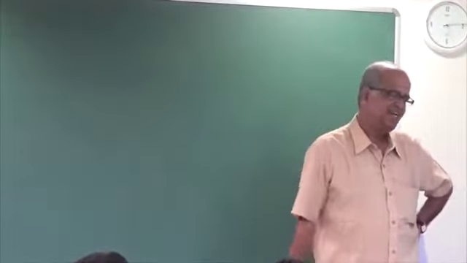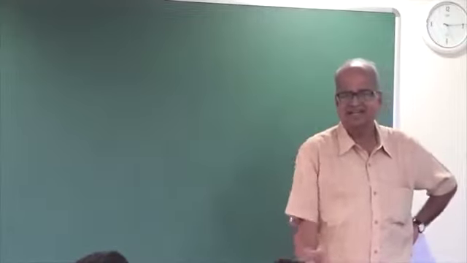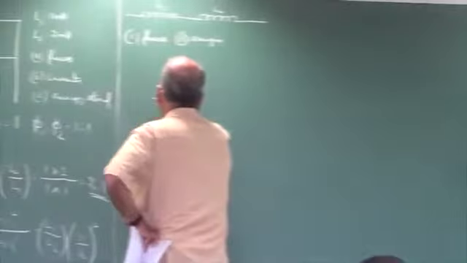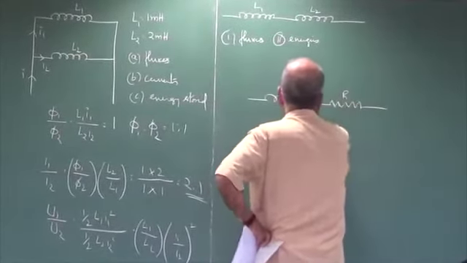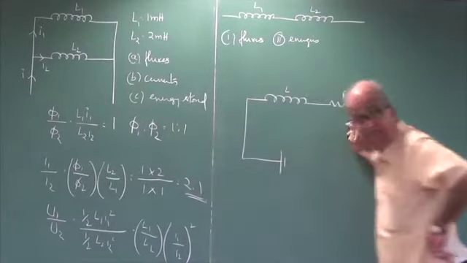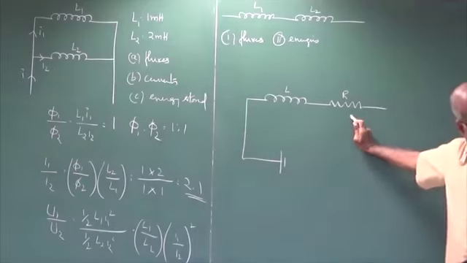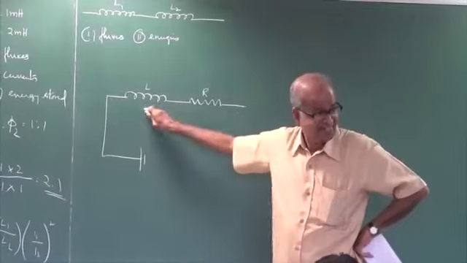So using this idea as well as Kirchhoff's laws, you can analyze a circuit containing an inductor and a resistor. I have an inductor of inductance L and a resistance. Of course, this R may be a separate circuit element, or it could be the resistance of the windings of this coil.